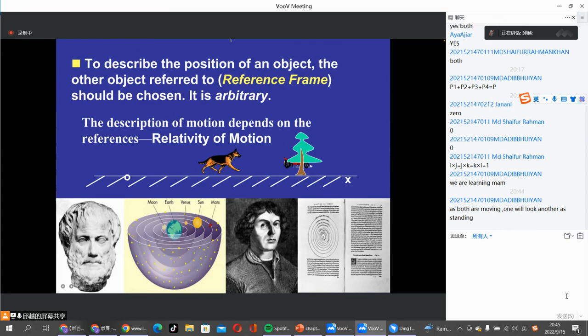Let me see. Any other answers? One student said, as both are moving, one will look at the other as standing. Okay, let's see from the picture.